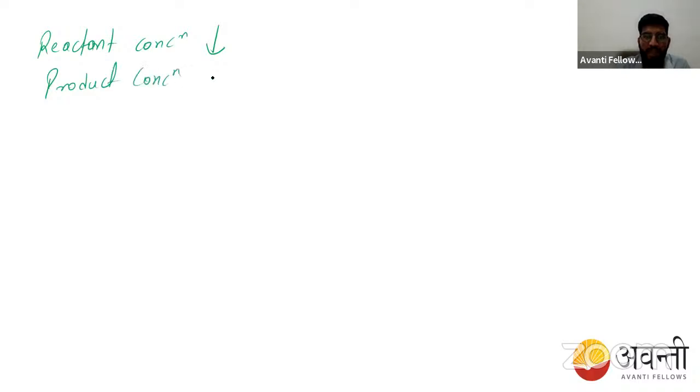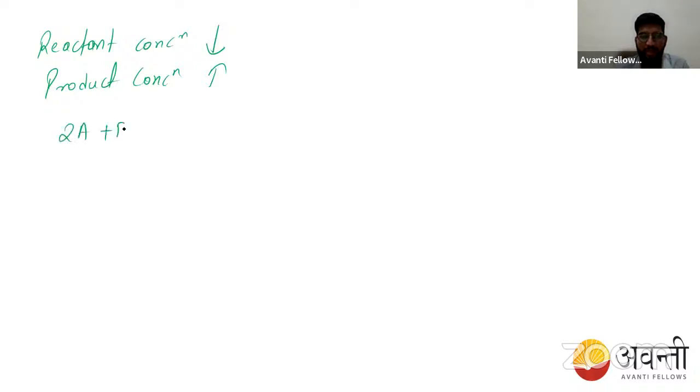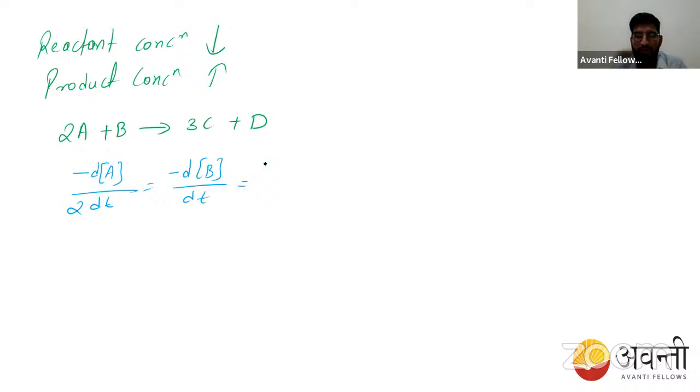The reaction is 2A plus B gives 3C plus D. So I can calculate its rate as minus dA upon 2 dt, which is equal to minus dB upon dt, is equal to 1 upon 3 dC by dt, is equal to dD by dt. So this is our equation.